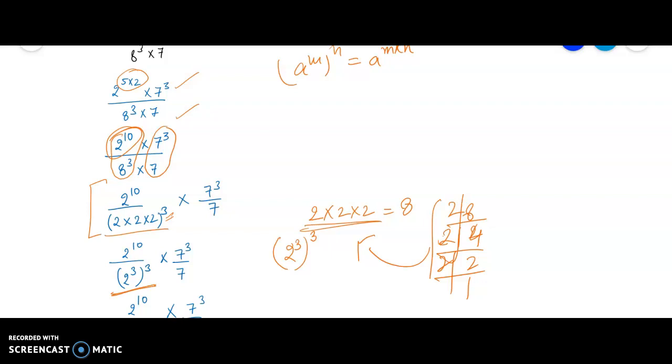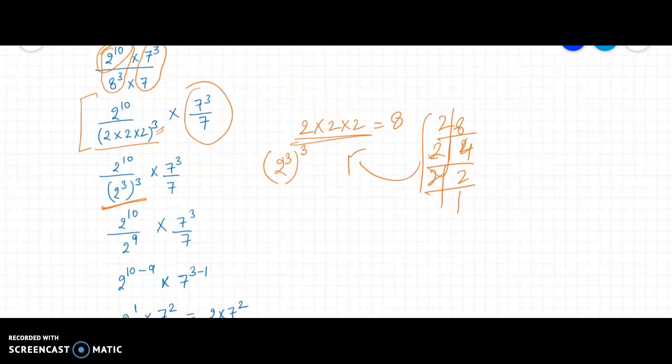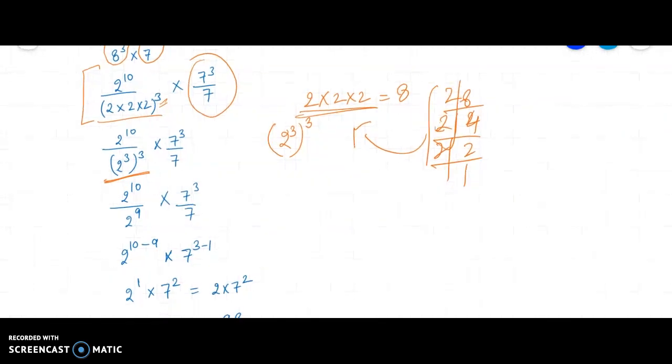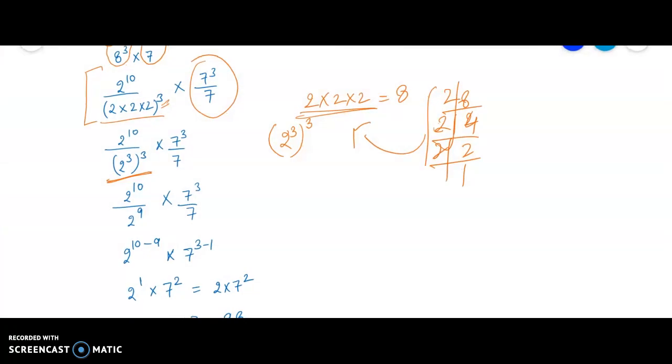I have changed 8 to the base of 2 so that I can apply exponential laws. And here I have separated this 7 so as to apply the law, because 7 as a base is the same in the numerator as well as in the denominator. So in the next step we are getting this and this, and again we know the law for division.